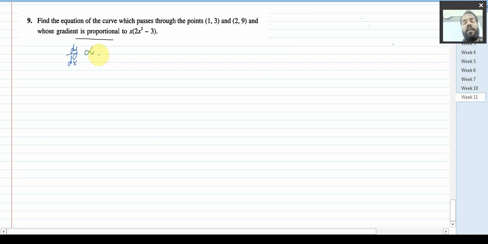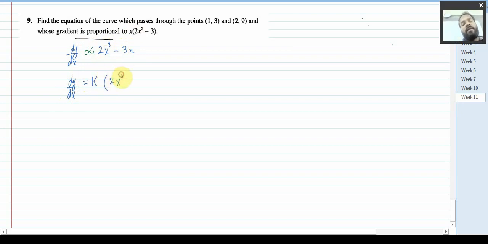I hope that you remember. So gradient is proportional to, and if I multiply this out, it's 2x cube minus 3x, right? And we know that when we eliminate the sign of proportionality, we need to introduce equals to and a constant.